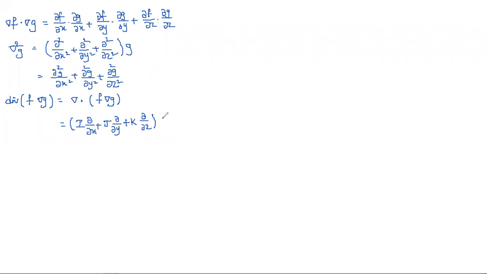And now dot f del g. Del g is what we wrote there: i ∂z/∂x + j ∂z/∂y + k ∂z/∂z, and this is multiplied by f. Now apply the dot product between these two vectors. If you apply the dot product, see here: the i coefficient is ∂/∂x, and for the i coefficient here we need to multiply f also inside the term, so f ∂z/∂x.